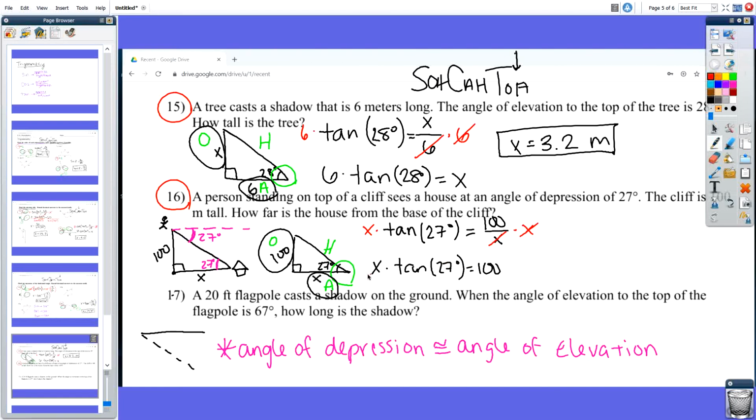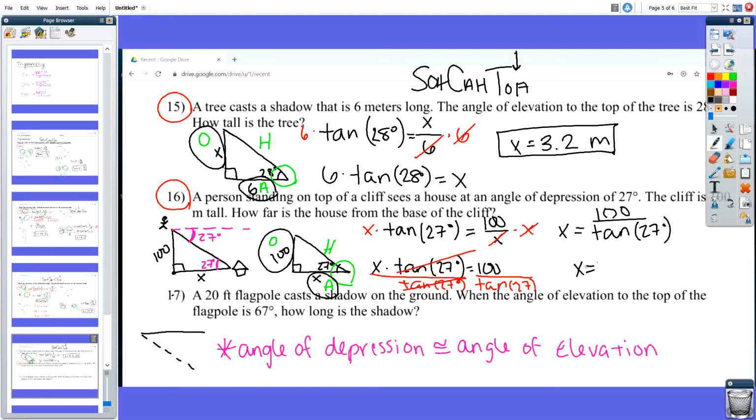Divide both sides by tangent of 27 degrees. So those cancel out right there, and I'll end up with x is equal to 100 over tangent of 27 degrees.